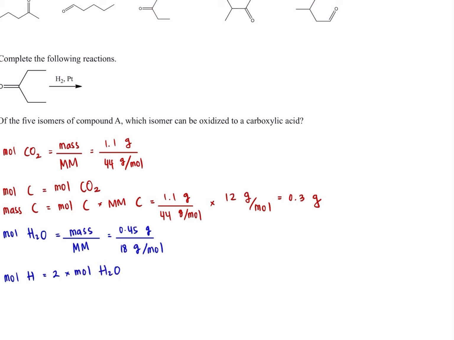And then the mass of the hydrogen is the mole of hydrogen multiplied by the molar mass of hydrogen. So the mole of the hydrogen is twice the mole of water, multiplied by 1 gram per mole, which is the molar mass of hydrogen.